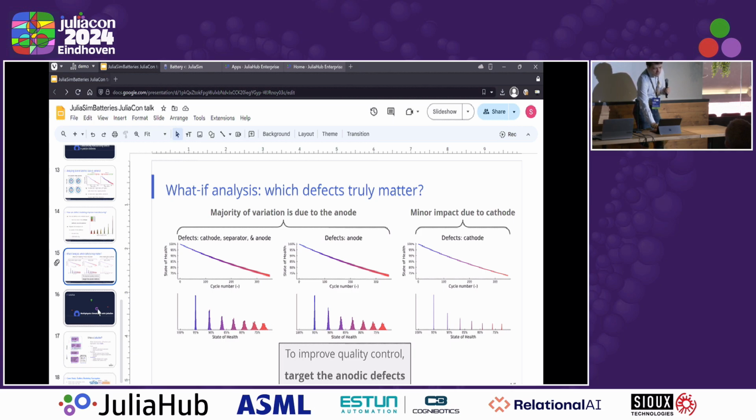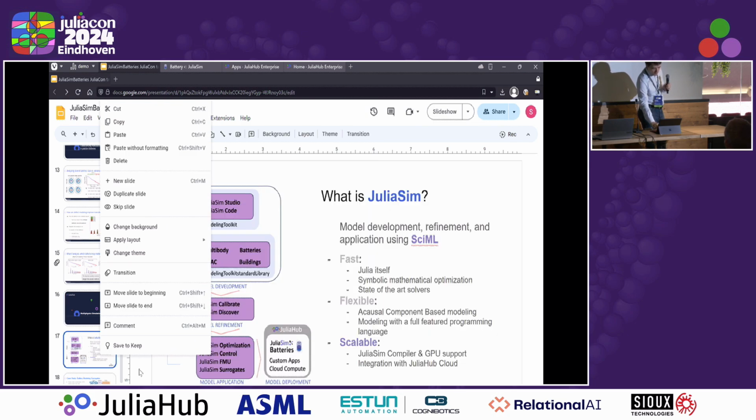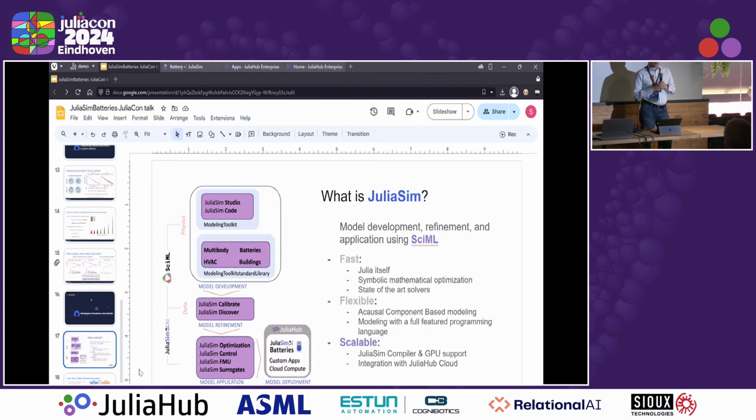And as I was mentioning, JuliaSim Batteries is built on top of ModelingToolkit and is also integrated with the entire JuliaSim suite, so that you can also do all of the SciML. There are a lot of SciML talks here, so we have things like surrogate modeling.